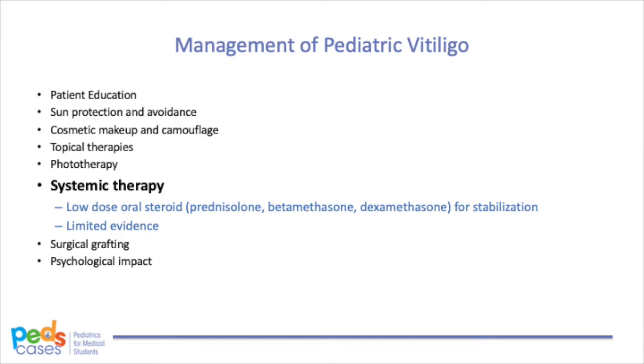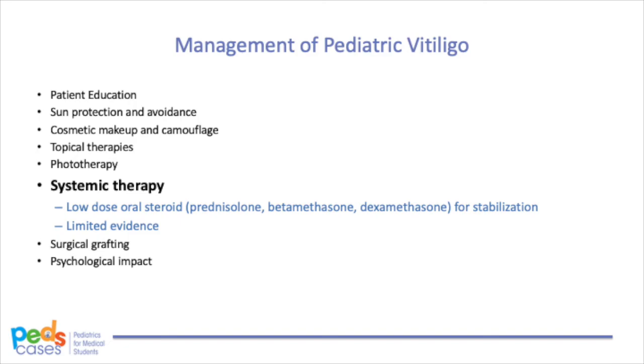Since vitiligo is difficult to treat and can have significant impacts on patients, it is not uncommon to see caregivers seeking complementary and alternative therapies, including vitamins, alpha-lipoic acid, ginkgo biloba, or polypodium leucotomos. However, the current evidence for those therapies is very limited. An open discussion of potential risks and benefits of those therapies with patients and their caregivers is very important.